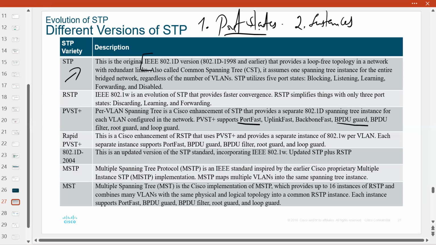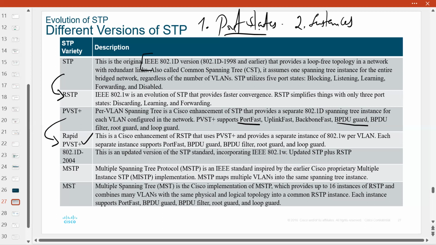Let's look at rapid PVST plus. In comparison, it is the same as the difference between STP and RSTP in terms of faster convergence. Rapid applies between PVST plus and rapid PVST plus. This one is rapid because of the faster convergence.